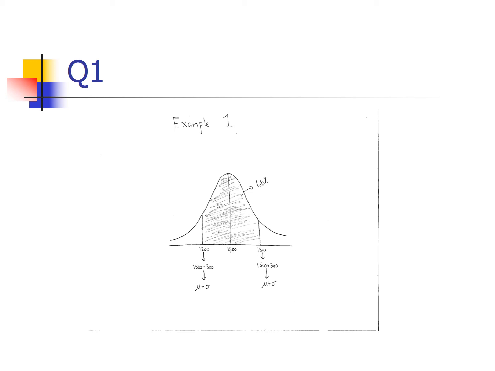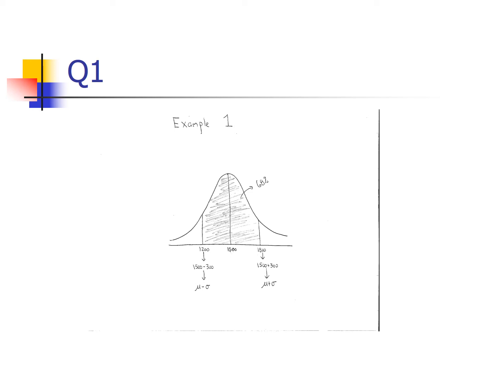So I wrote 1200 to the left of 1500, and 1800 to the right of 1500. And then I just broke it down. How do these numbers relate to the mean? Well, 1200 is the mean, which is 1500, minus 300, which is a standard deviation. 1800 is the mean, 1500, plus a standard deviation, which is 300.